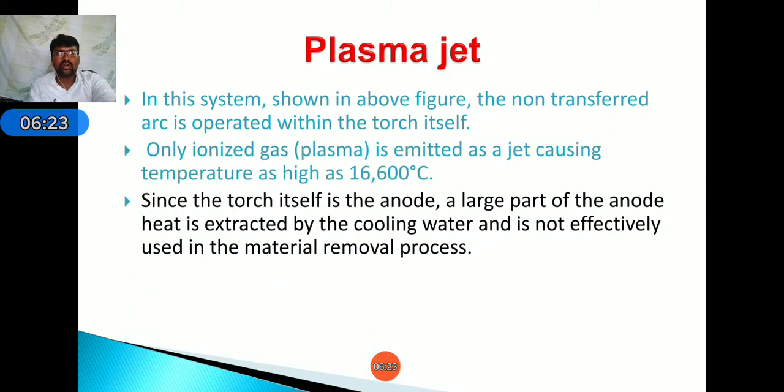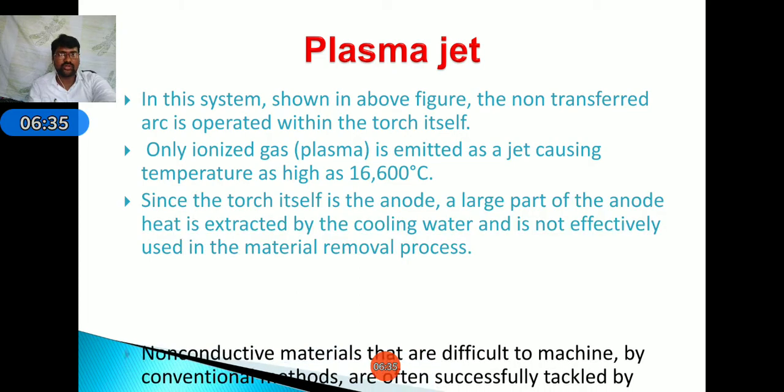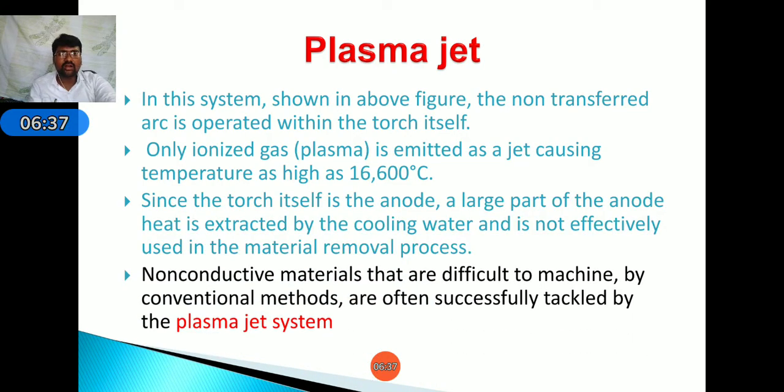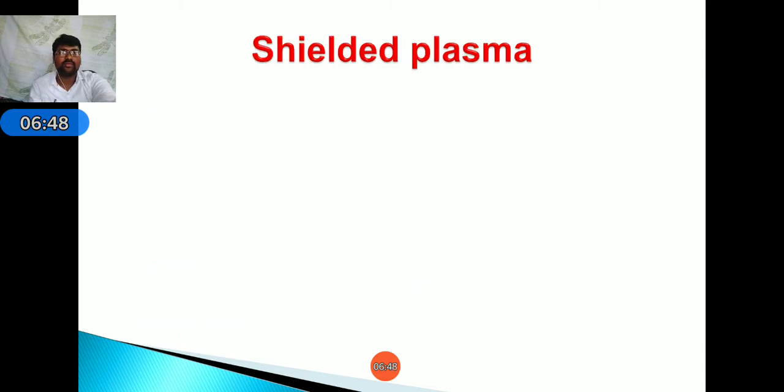Since the torch itself acts as the anode, a large part of the anode heat is extracted by the cooling water and is not effectively used in the material removal process. Non-conductive materials that are difficult to machine by conventional methods can be machined easily using this plasma jet machining system.